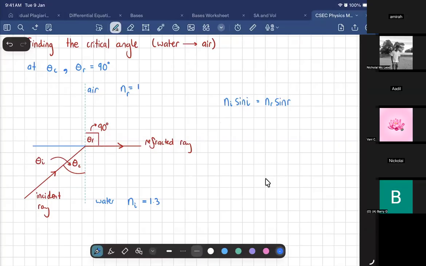Now you're going to put 1.3 sine, and I don't know what the angle of incidence is, so then equal to 1. We're trying to find the critical angle. Now the critical angle is a special thing, right?